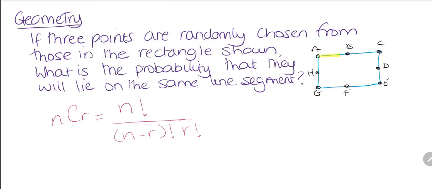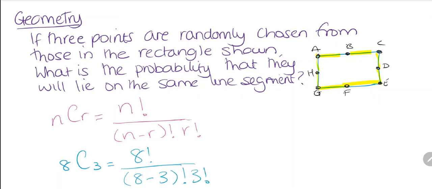So how many choices do we have? We have 1, 2, 3, 4, 5, 6, 7, 8. 8 choices. So we've got 8, and we're going to be choosing 3 at a time. So this is 8 factorial divided by 8 minus 3 factorial multiplied by 3 factorial. So 8 factorial divided by 5 factorial multiplied by 3 factorial.